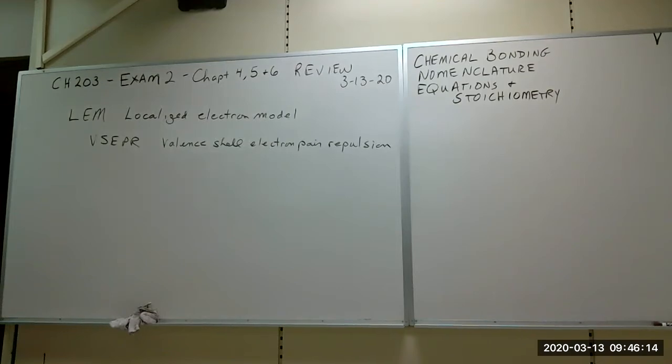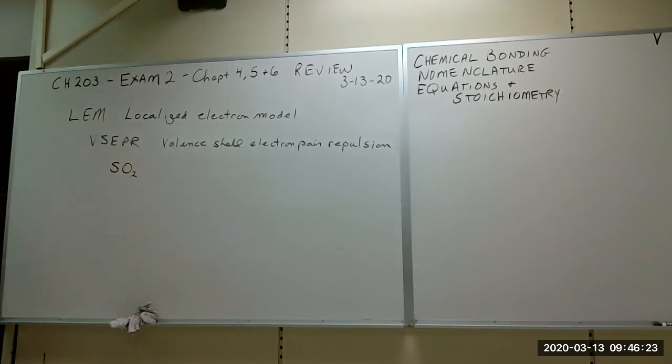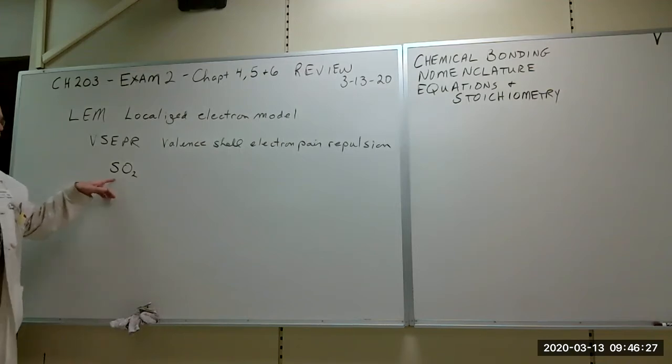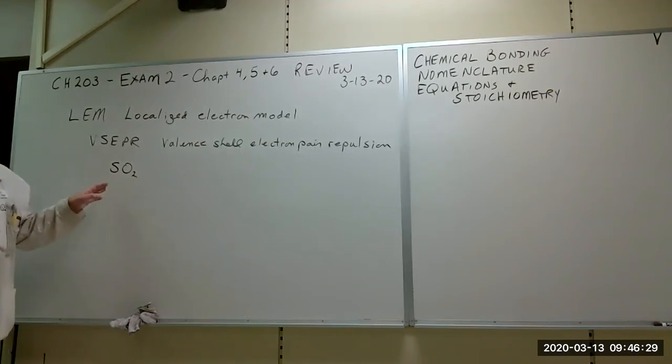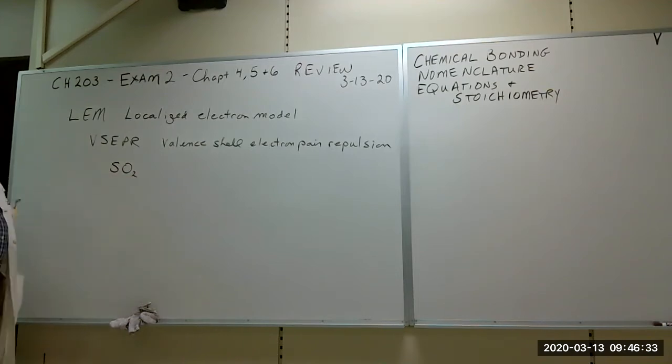Let's try this one: sulfur dioxide. Why did I name it sulfur dioxide? Because sulfur and oxygen are both nonmetals, so you just say how many there are. Sulfur dioxide. Okay, now how do we do the Lewis dot structure?